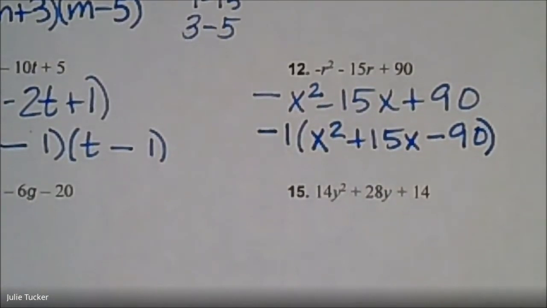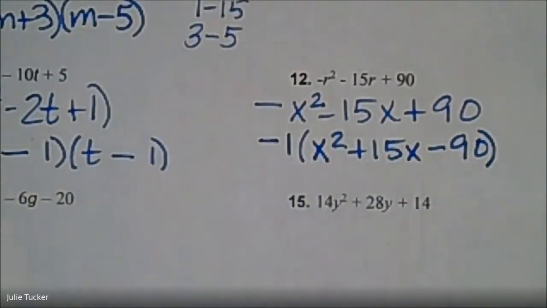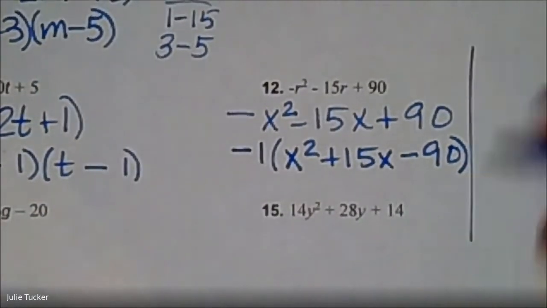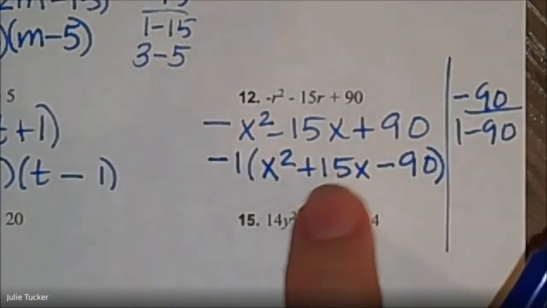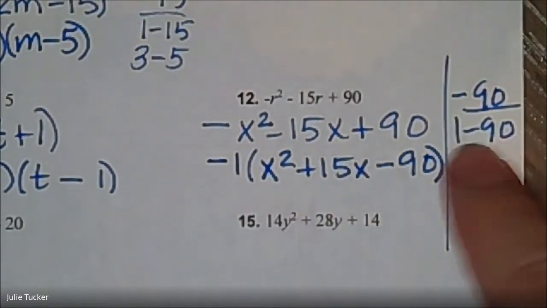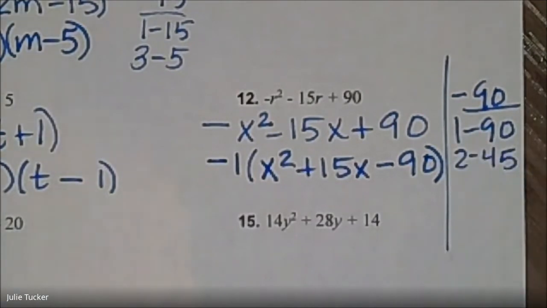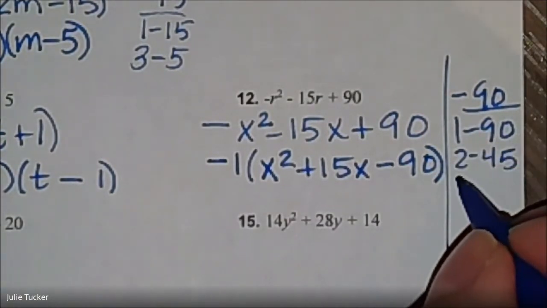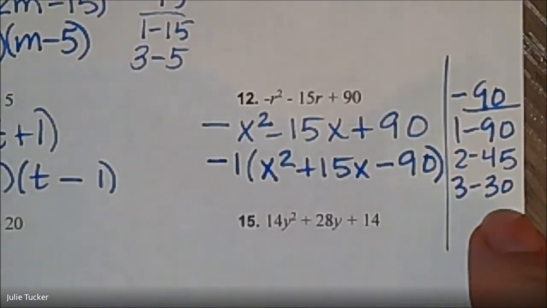So now I have to keep writing negative 1 in front, but I'm going to work this problem in the parentheses. So I need factors of negative 90. So 1 minus 90 is not going to come out with 15, is it? That's not going to work because that's going to be 89. Then 2 times 45. Those numbers are still too far apart. 3 times 30, that would give me 27.